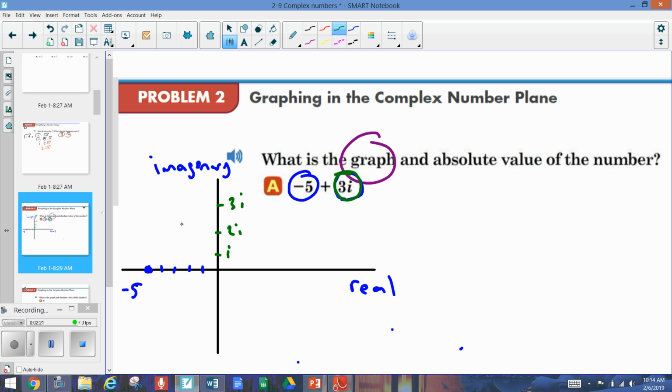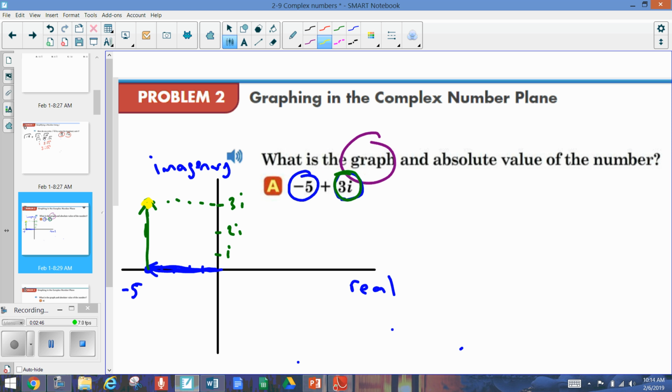So where is the intersection point? It's right there. So we graphed it. This is the graph. This is the point. Okay, you can even do this, kind of like showing the magnitude. Okay, this is the way we graph.